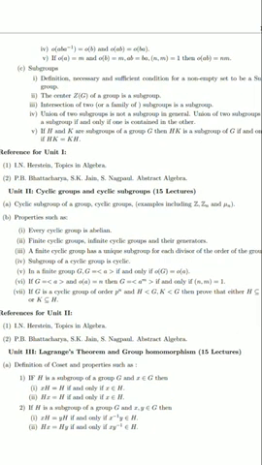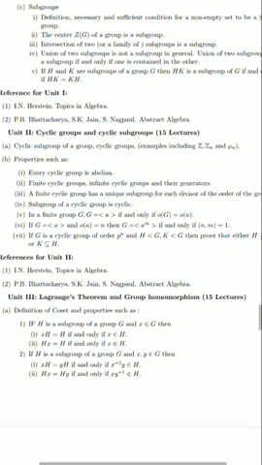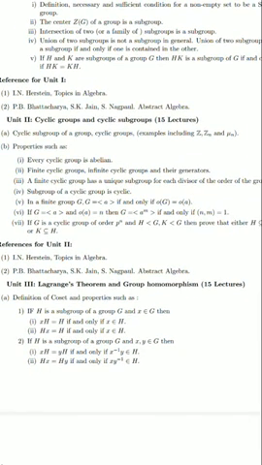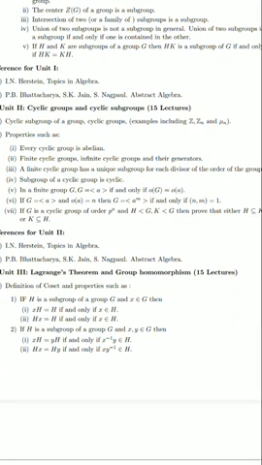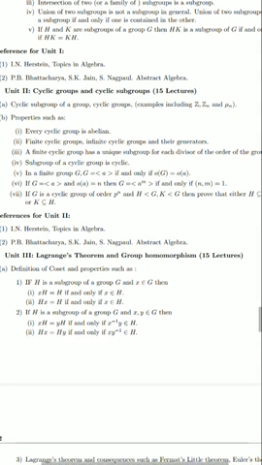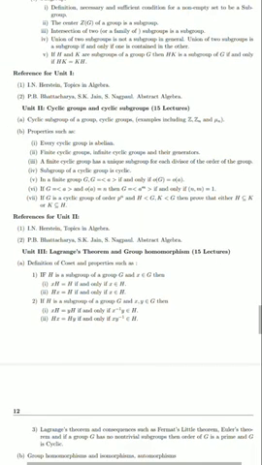Properties such as every cyclic group is abelian, finite cyclic groups, infinite cyclic groups and their generators. A finite cyclic group has a unique subgroup for each divisor of the order of the group. A subgroup of a cyclic group is cyclic.